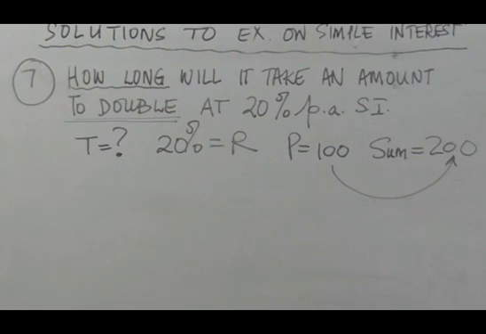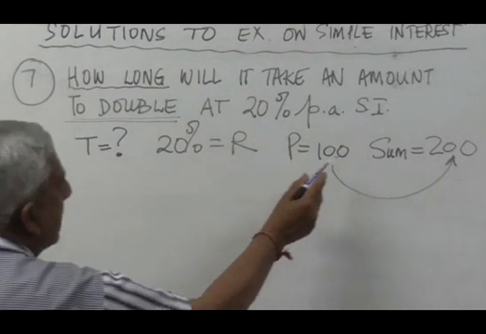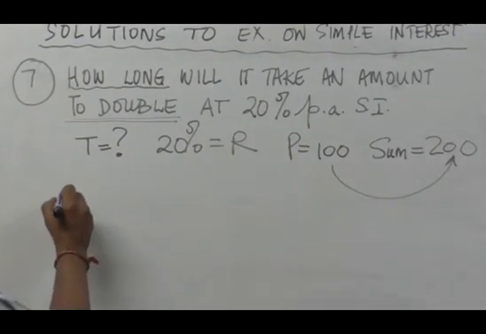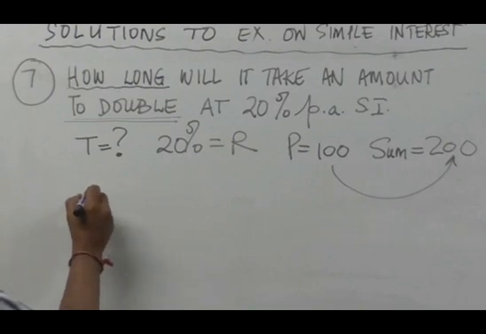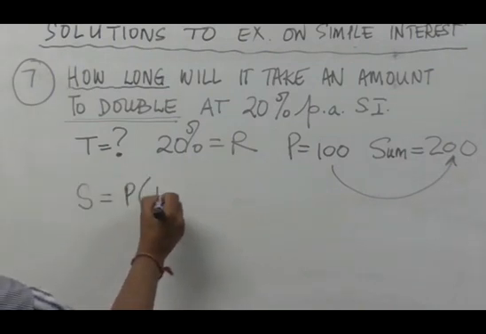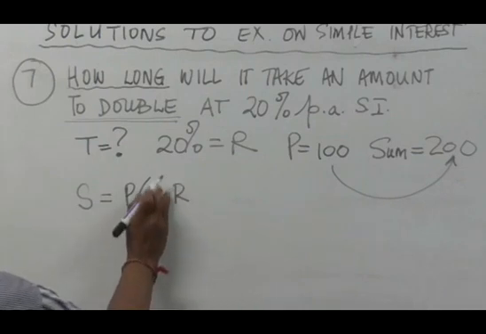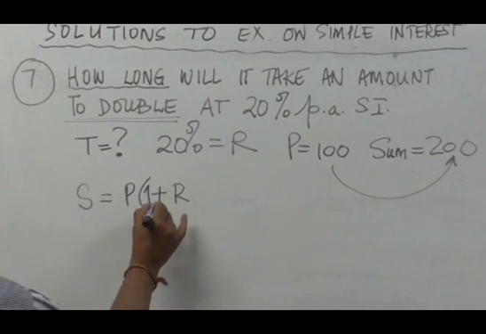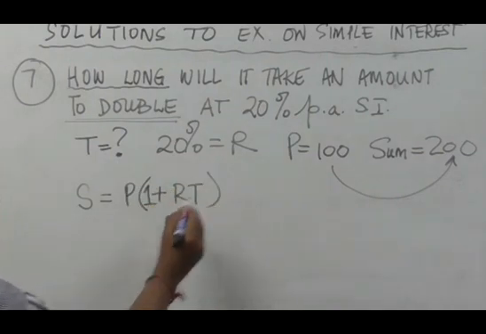So now, since we got principal and sum, it's far better for us to use the formula for sum. The formula for sum says sum is equal to P into 1 plus RT.